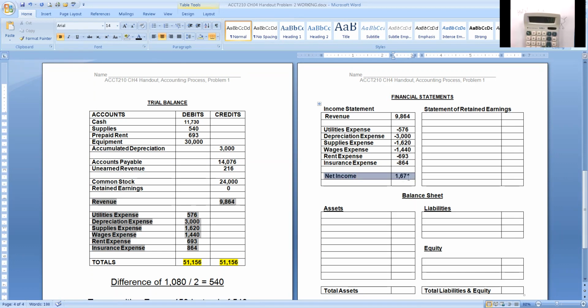So this is our net income. I'm going to do that one again, just to make sure, because if this one's not right, none of this other stuff's going to be right. Good. Okay.